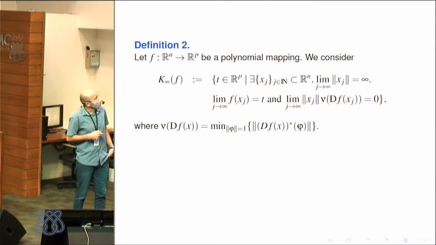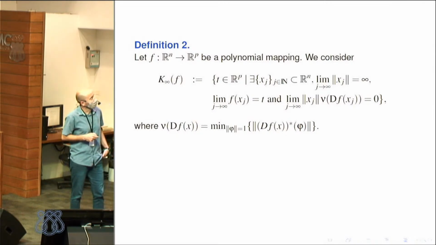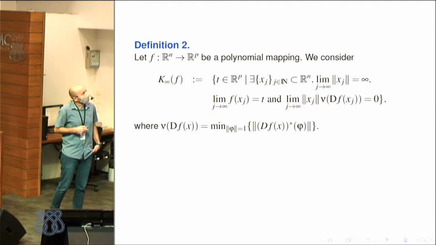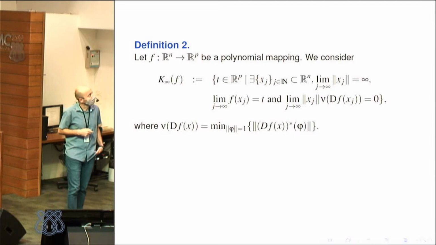Remember here the definition: star is the adjoint operator of the Jacobian of F, a linear map from Rp to R, and you take this minimum over V.